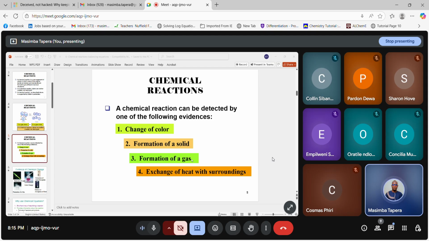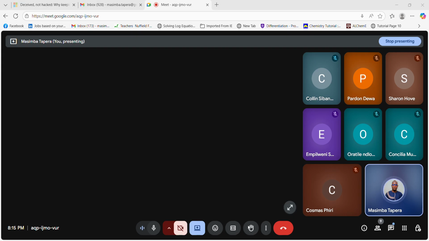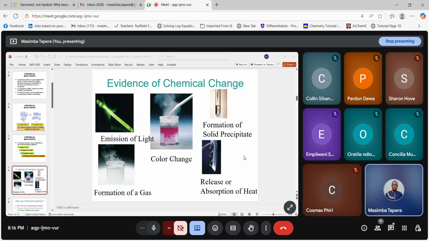There is formation of a solid, formation of a gas, or change of state, exchange of heat, that is absorption of heat or release of heat. All those things are some of the major things that we can actually use to tell whether a chemical reaction is occurring.